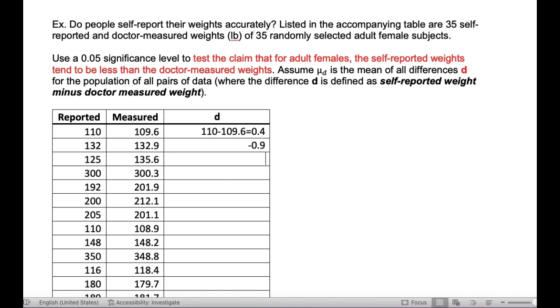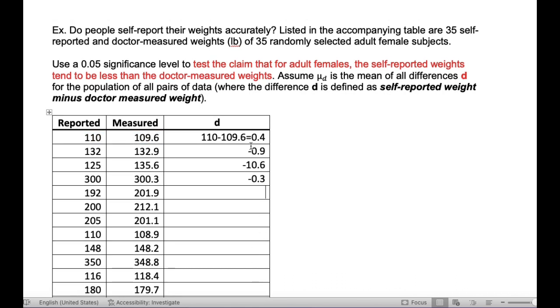For the third woman, it would be negative 10.6. For this woman, it would be negative 0.3 of a pound. So that's what the difference d represents. For each pair, we just calculate the difference and we make sure the order is correct. And we're going to get a whole list of differences.